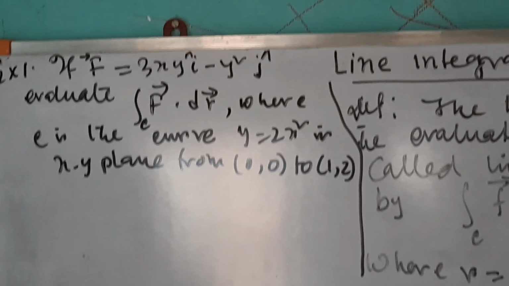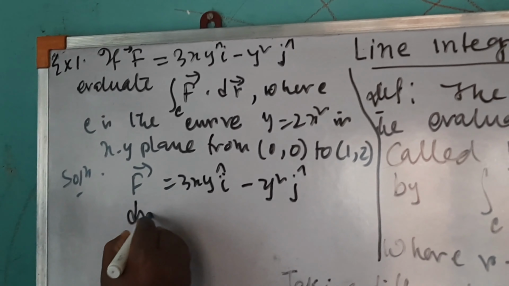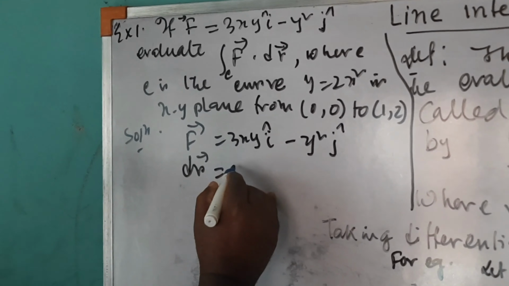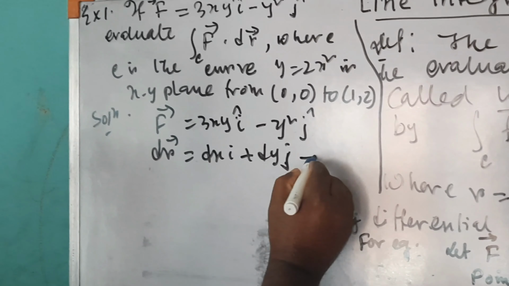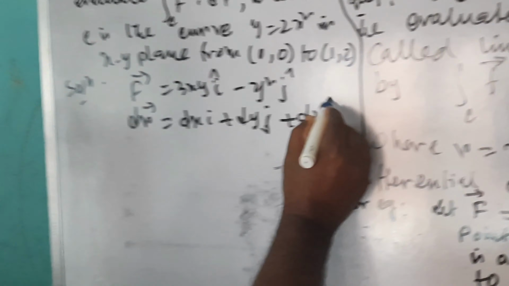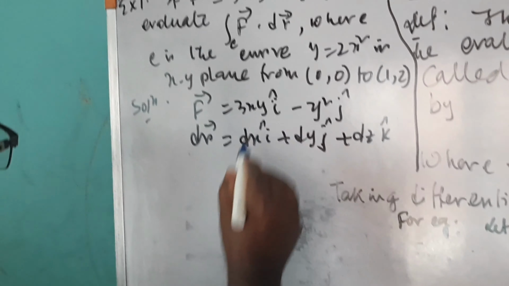There F is given, F equals 3xy i minus y squared j cap. What is dr? dr equals dx i plus dy j plus dz k, where i, j, k are unit vectors. Now what is F dot dr?